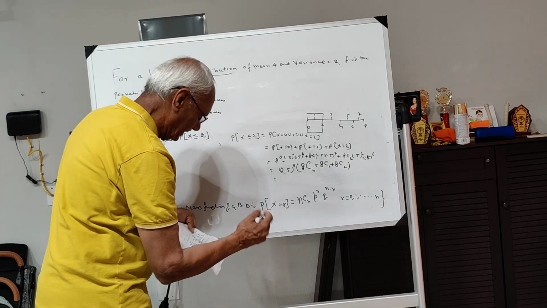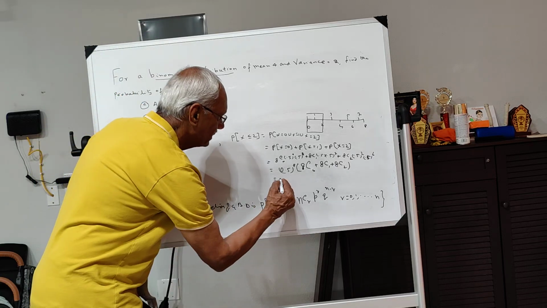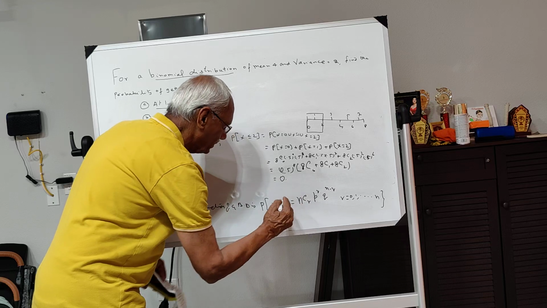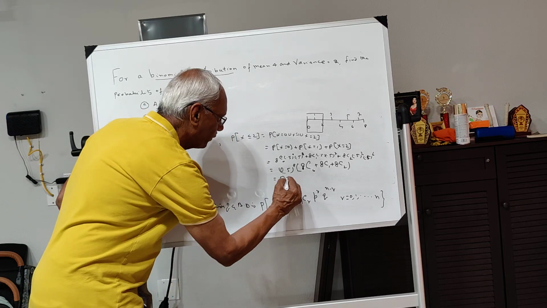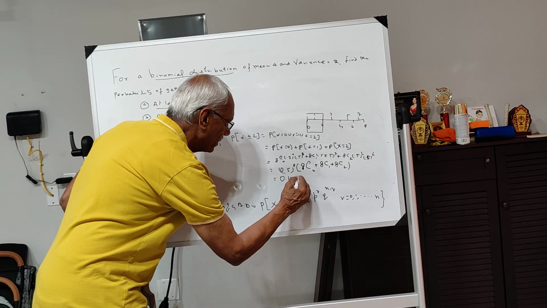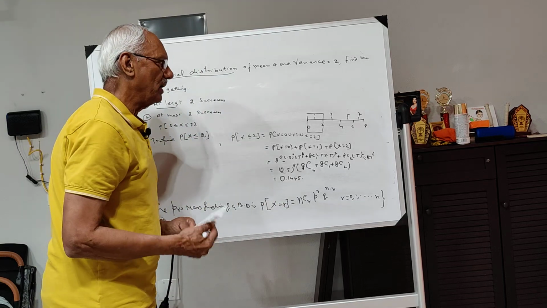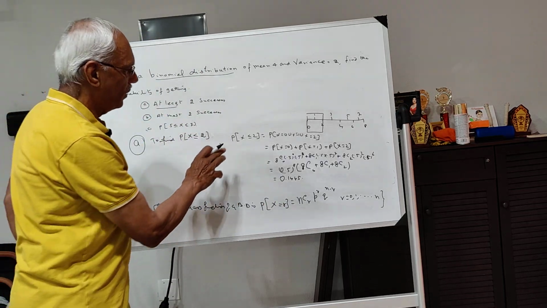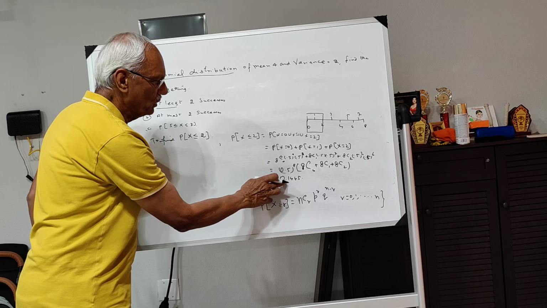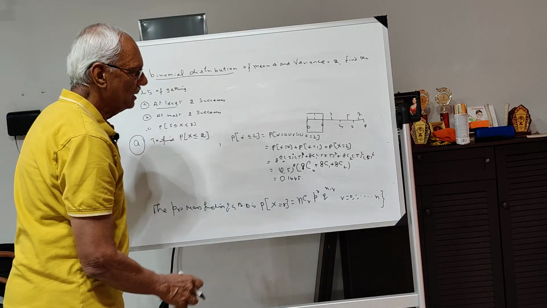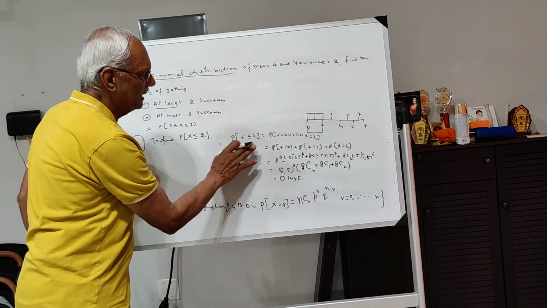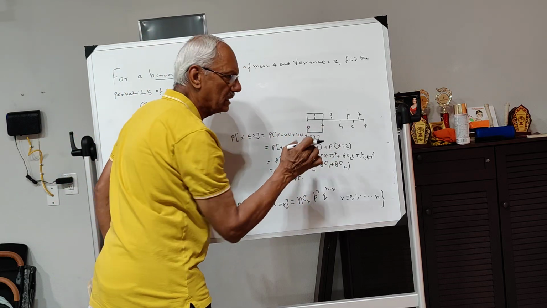You will get the answer as 0.1445. So the probability of at most 2 is 0.1445.